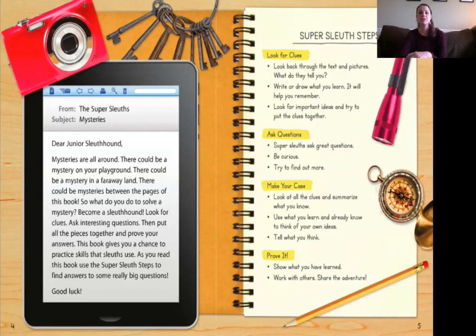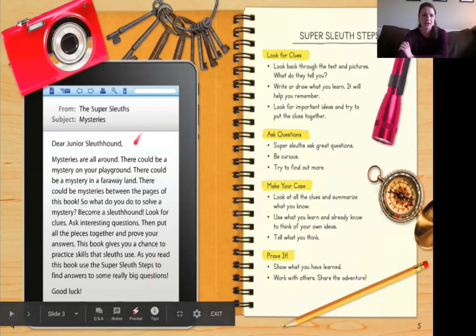And this sleuth text is awesome because all of the texts included in it are related to mysteries, and they require us to be really close and attentive readers so that we can get the most out of the text that we read. I'm going to read to you the introduction of our sleuth book as a refresher of what we're doing as readers today.